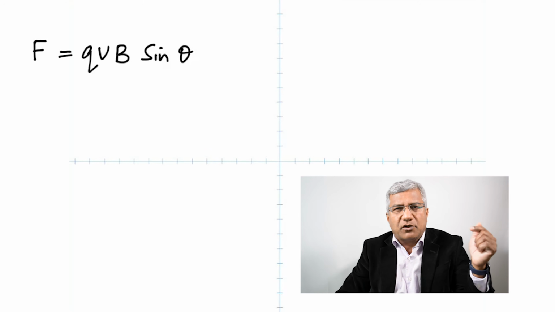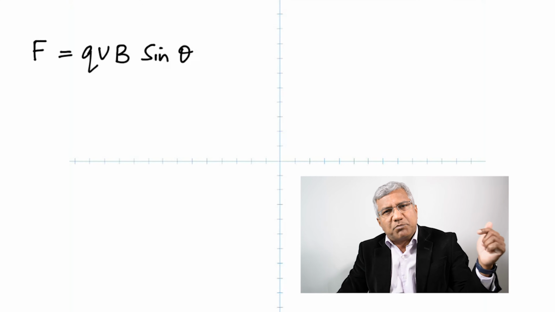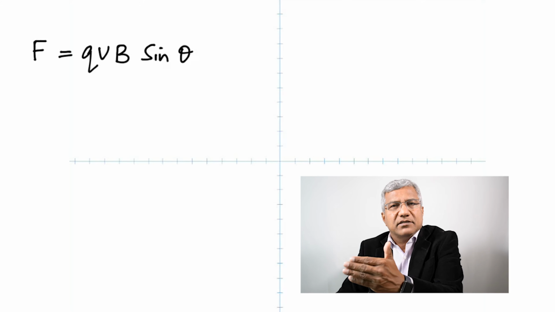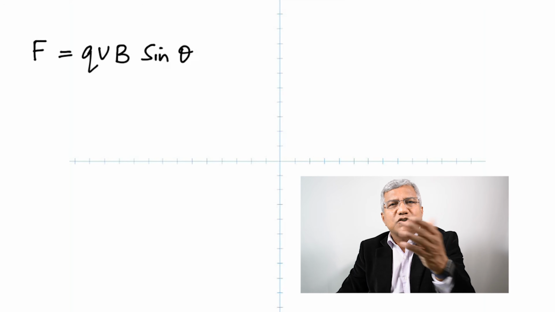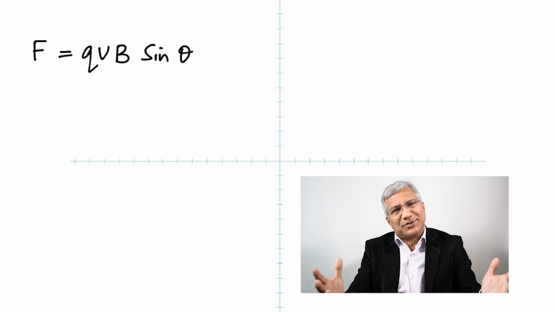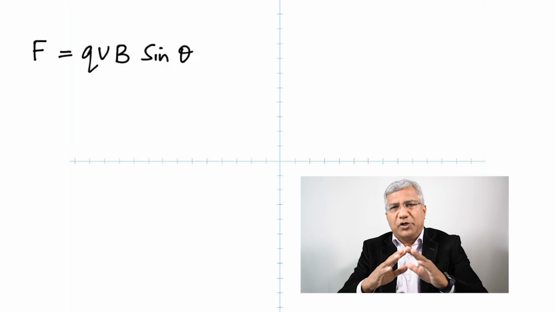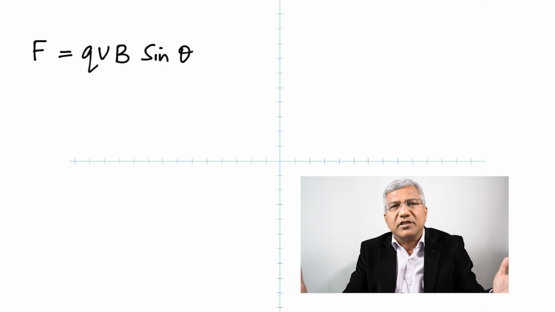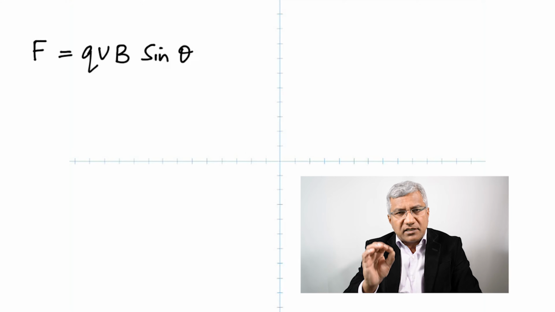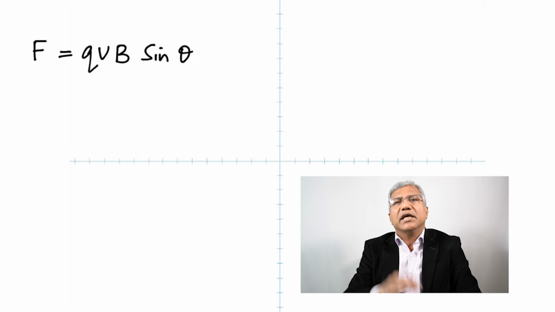That means the velocity of the particle is parallel to the magnetic field. What's the angle? The angle is 0. And sine 0 is 0. What does that mean? No force acts on the particle. So whenever a charged particle moves parallel to a magnetic field, no force acts on it.